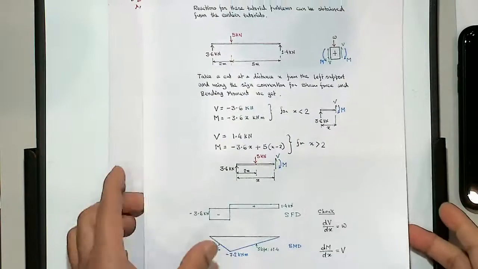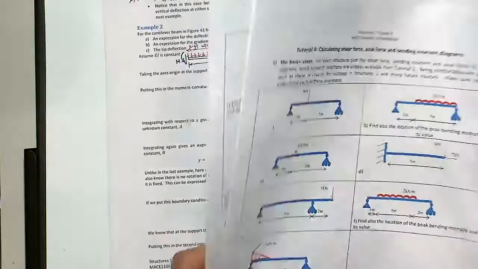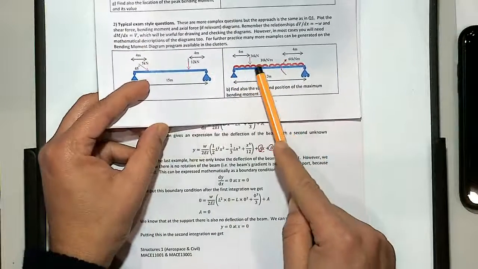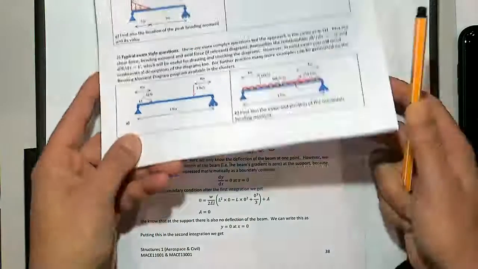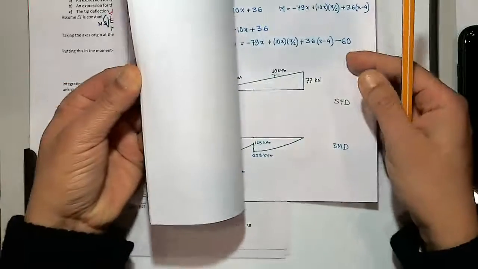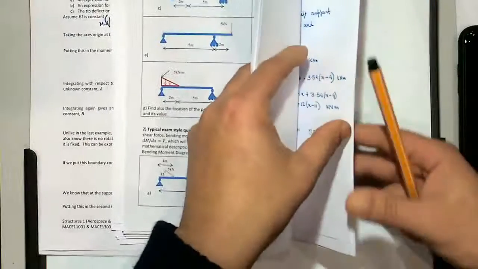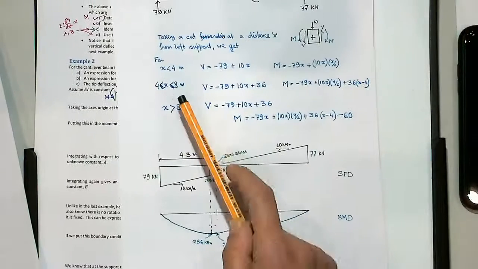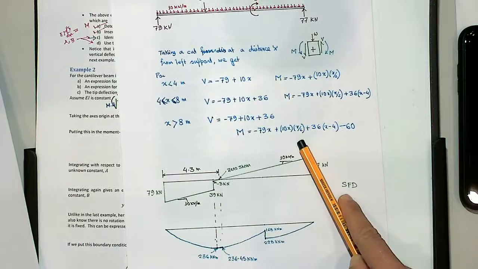Now that is just for one load. What about if the problem is a little bit more complicated with more than one load? Say for example here, you have got a UDL, a point load, and all sorts of loads. If I look at the solution for 2b, this is solution 2a, and in the solution for 2b you could see x less than 4 meter, x between 4 and 8 meter, x greater than 8 meter, all different moment equations.